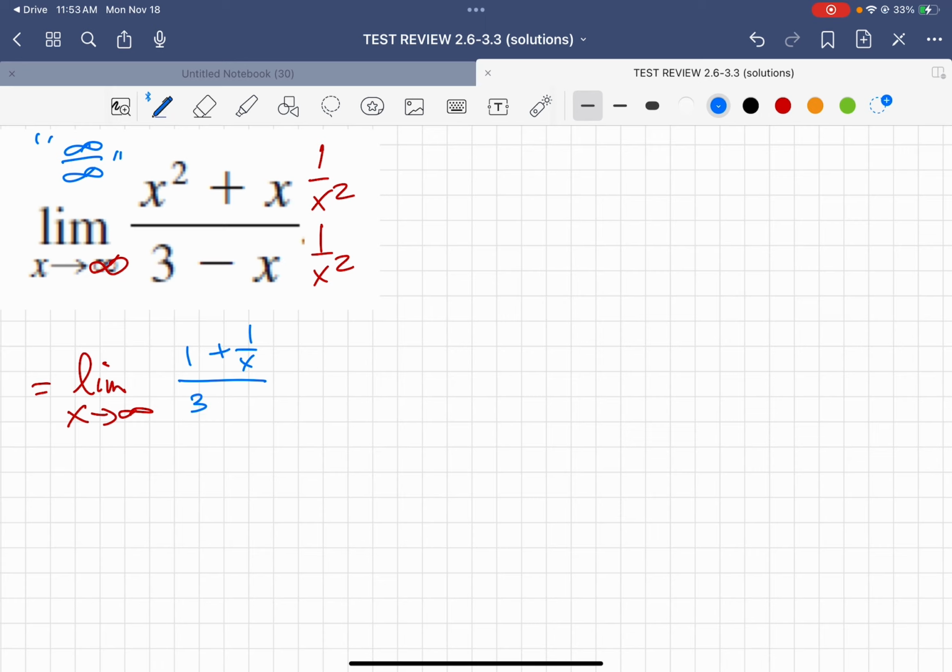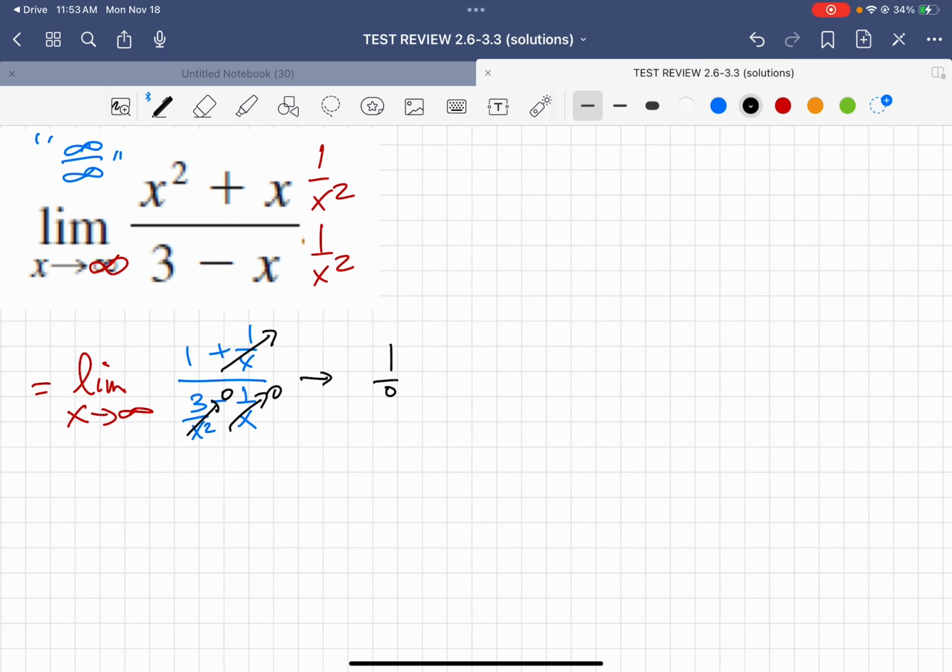On the bottom, you're going to get 3 over x squared minus 1 over x. So now you let x get really big, the top is going to 1, but the bottom is going to 0.